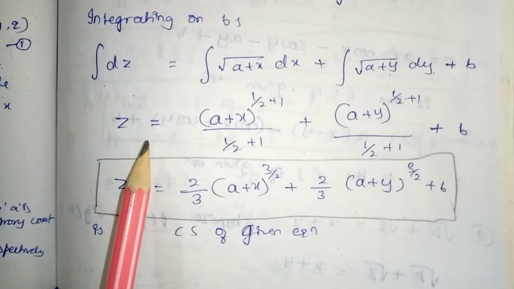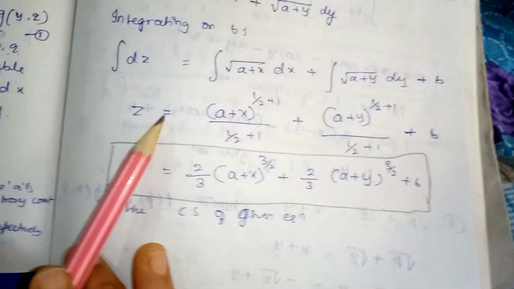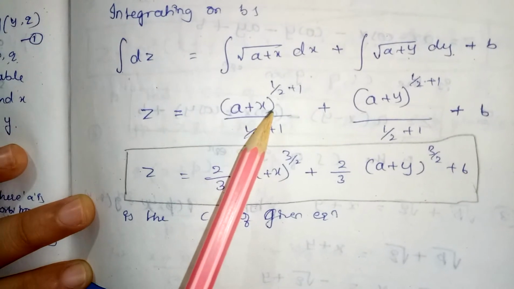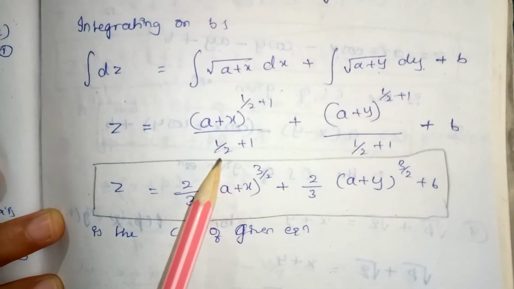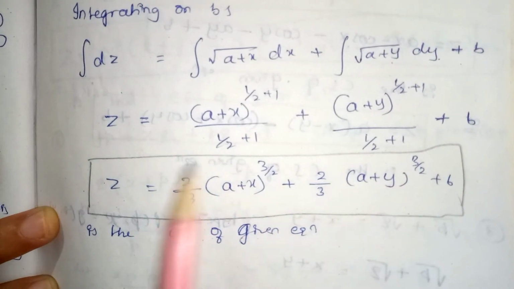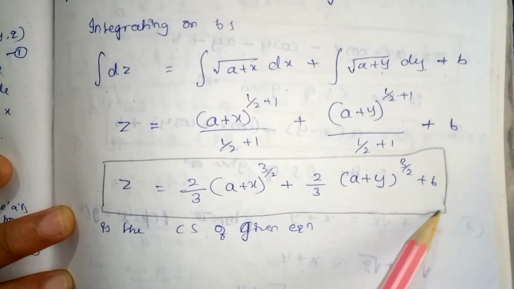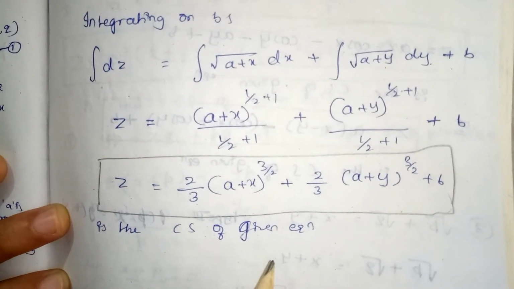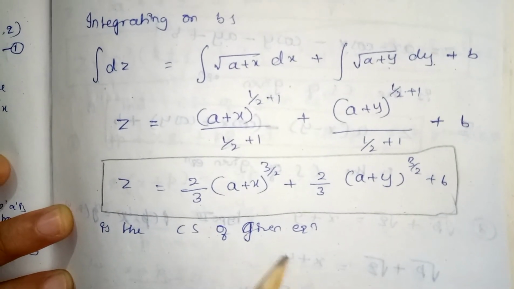That is z is equal to, if you integrate this, a plus x to the power 1 by 2 plus 1 divided by 1 by 2 plus 1. Similarly, you integrate and simplify, then you get this value. This is the complete solution of the given differential equation.